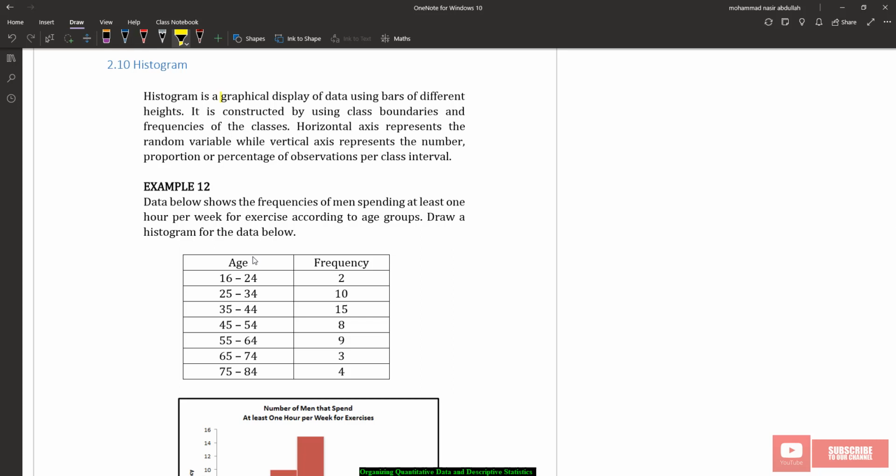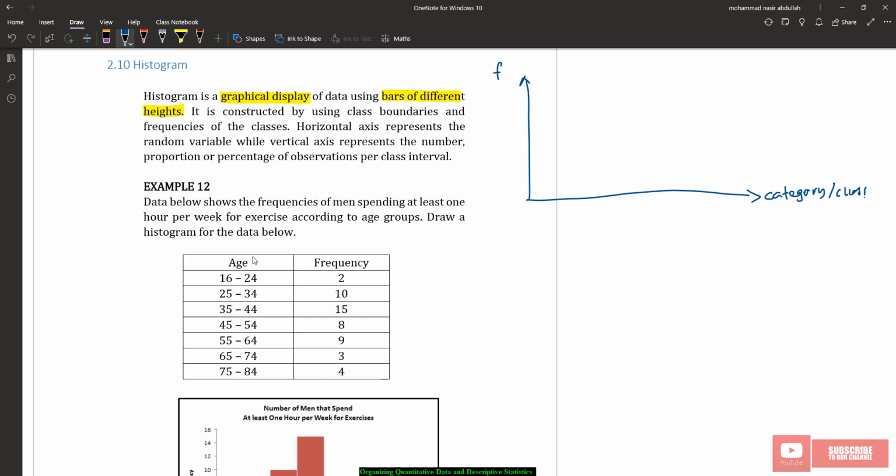A histogram is a graphical display of data using bars of different heights, right? It is the same as a bar chart, but if you remember, in a bar chart the y-axis is your frequency, and the x-axis is your category or class, right?